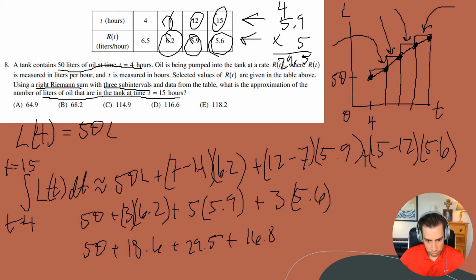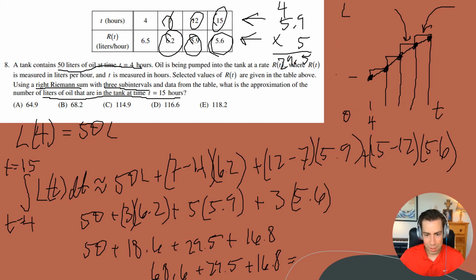Okay, so 29.5, and then plus 3 times 5.6, which is 16.8. Now whenever I add all these up, I'm going to get 68.6 plus 29.5 plus 16.8. This is so frustrating because these numbers are not clean.